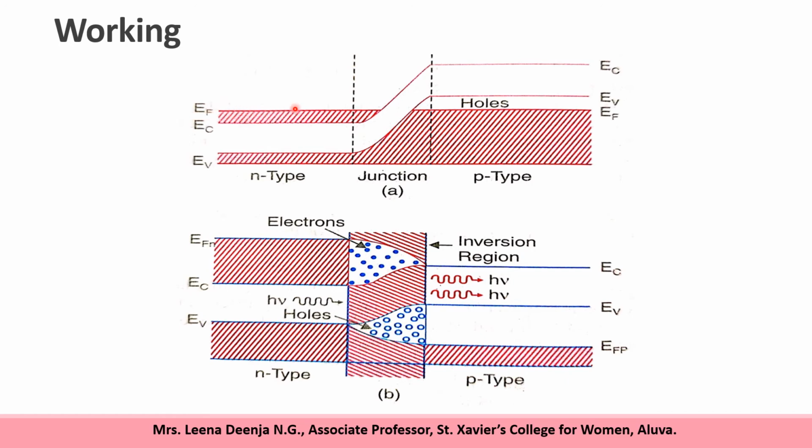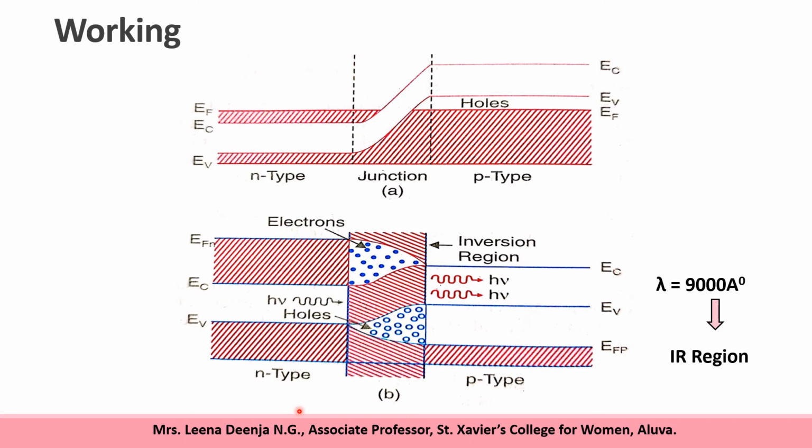This Fermi level is above the bottom of the conduction band, which is marked as EC. The top of the valence band is marked as EV. But in the P-type material, the Fermi level is below the top of the valence band, EV. At thermal equilibrium, the EF in N-type and EF in P-type are on the same line.